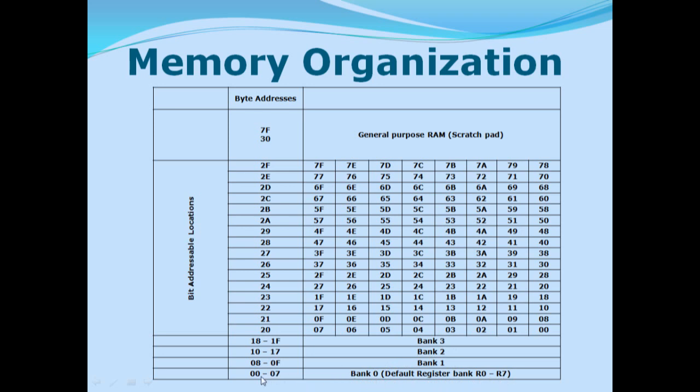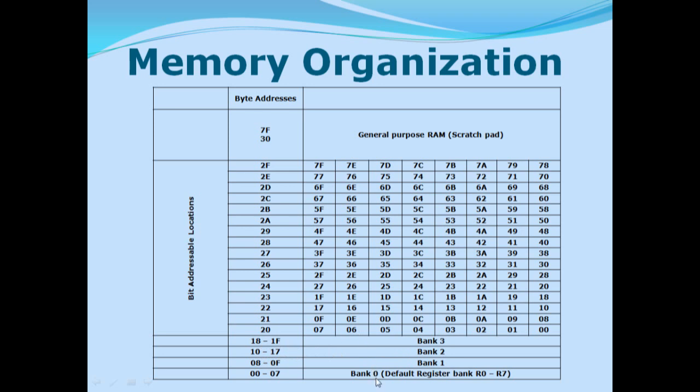So bank 0 extends from 00H to 07H of the hexadecimal addresses. Then bank 1 also consists of R0 to R7 registers extending from 08H to 0FH. Similarly, we have bank 2 and bank 3, which also have 8 registers R0 to R7 extending from 10H to 17H and 18H to 1FH respectively.